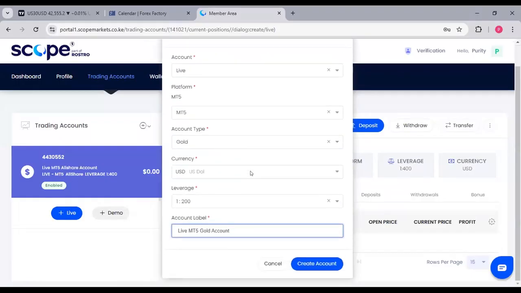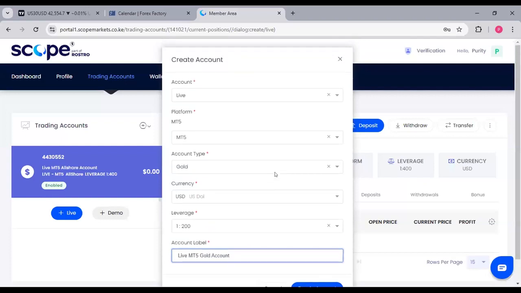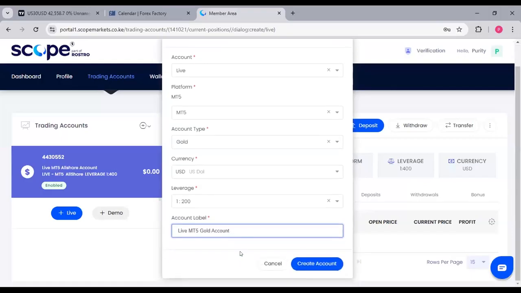It has more features that will help you manage your trades than the MT4, right? So account label is the type of account, whether MT4 or MT5. That's what you're calling account label, right? So I believe that one is well answered.